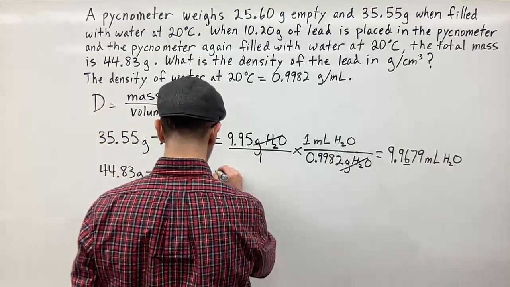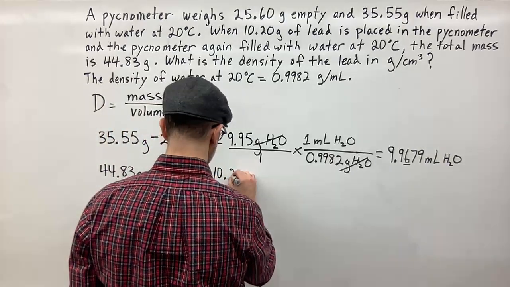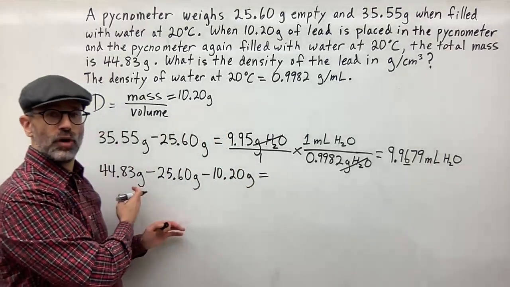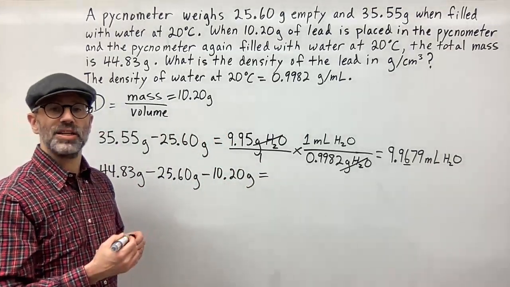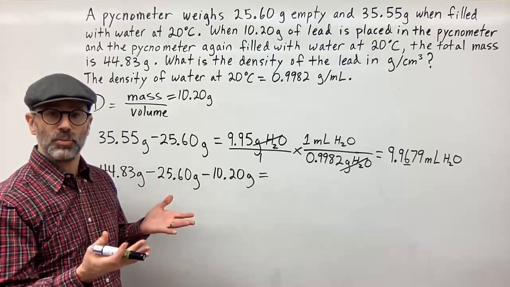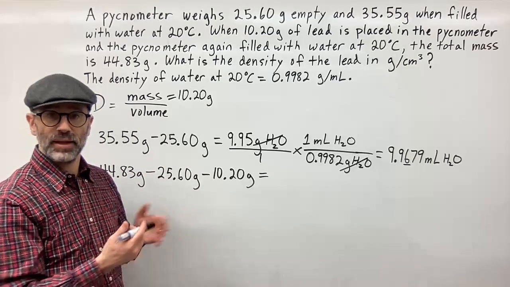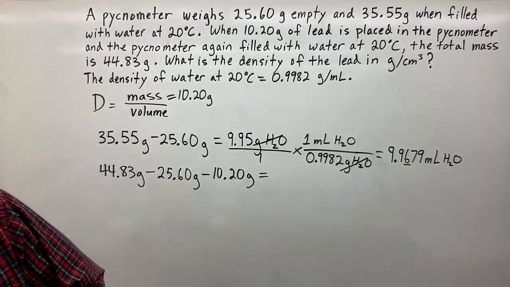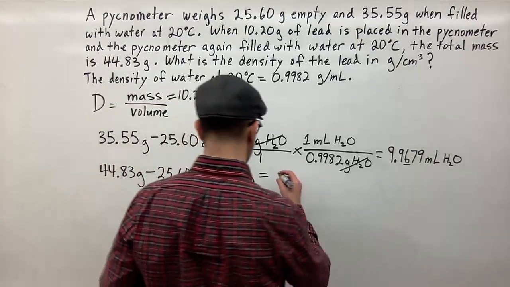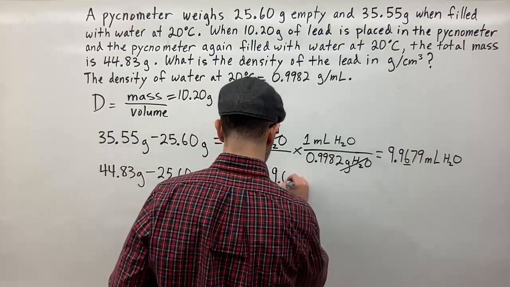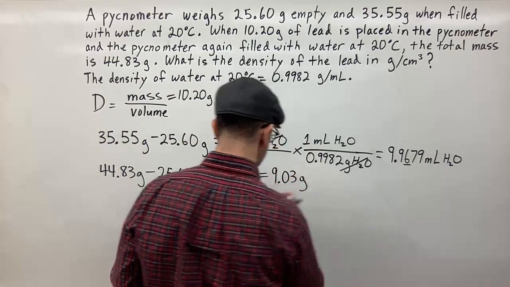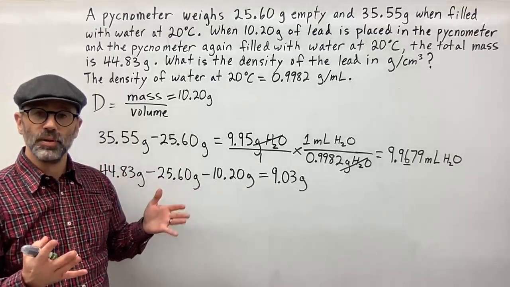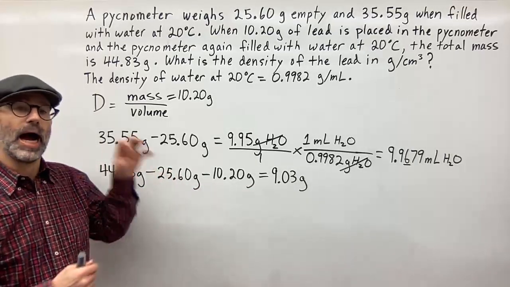So I can subtract that, 10.20 grams. And when I subtract both of those from the total, what's left over is the mass of the water that's occupying the volume that's there. And when I subtract, I get 9.03 grams.